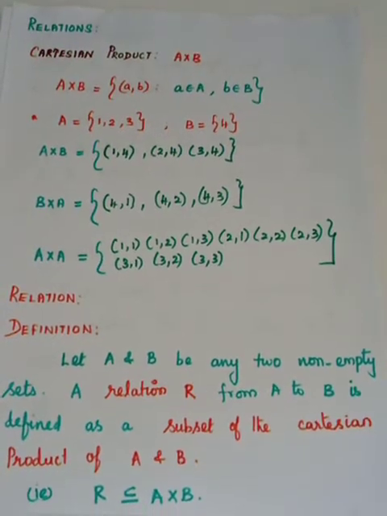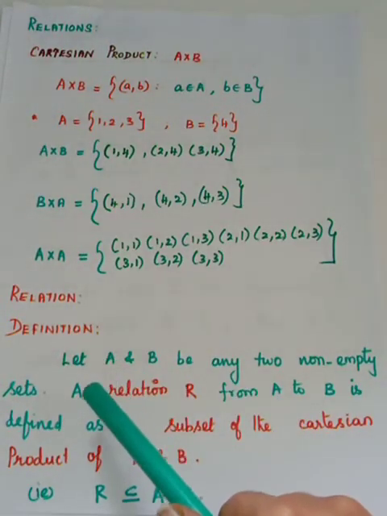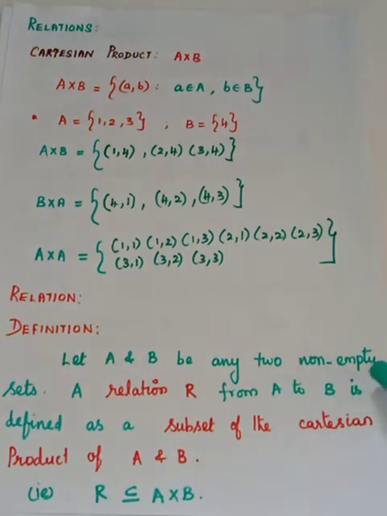Okay. So now we have learned the Cartesian product. Next we are moving to the relation. So first for relation, we are going to see the definition. Let A and B be two non-empty sets.